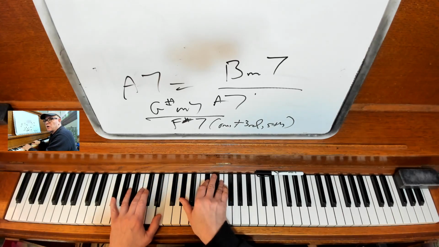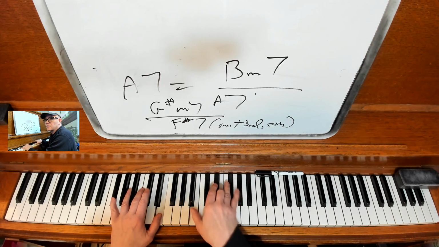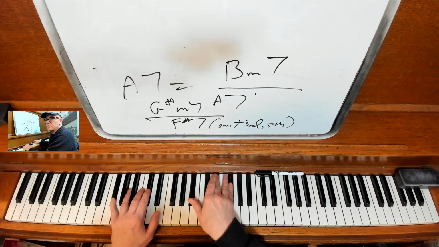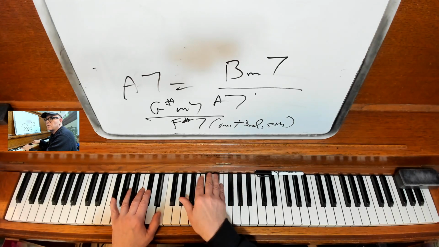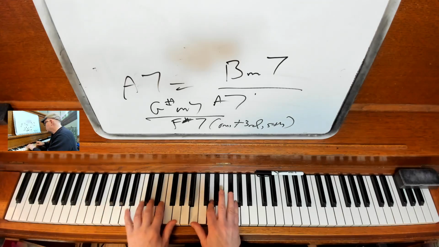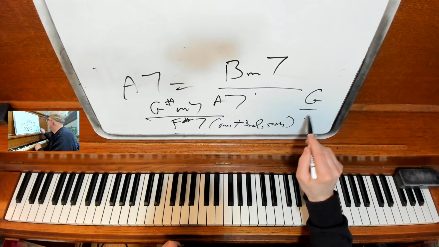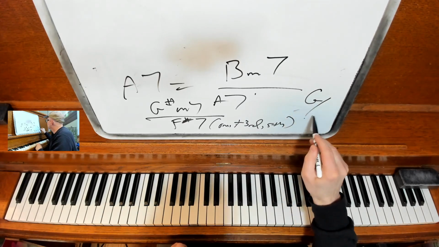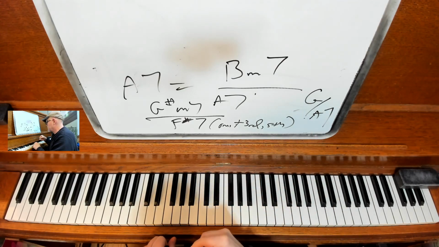It's more like how a guitar player would play. Here's another one: G major over, and this is a horizontal line over A7. Or not a horizontal line, a diagonal line rather.